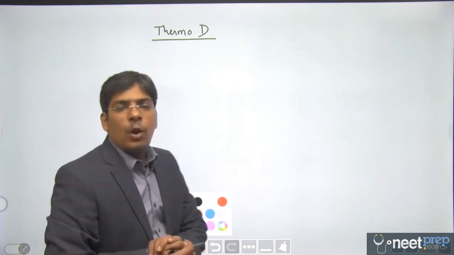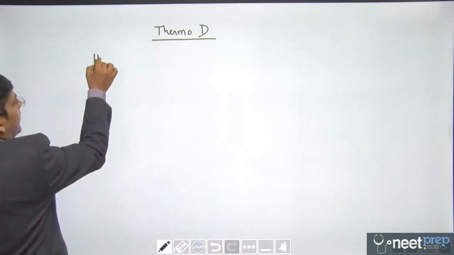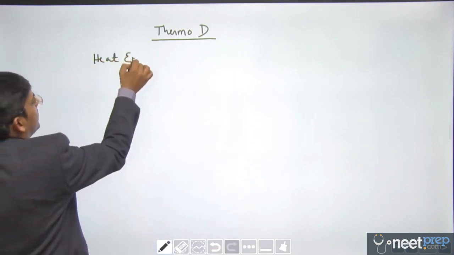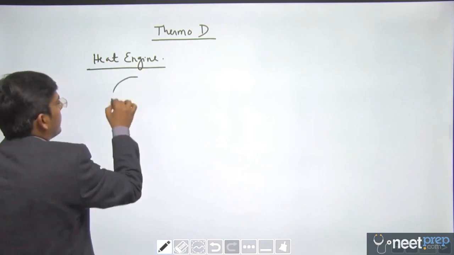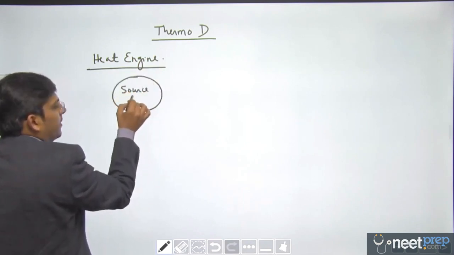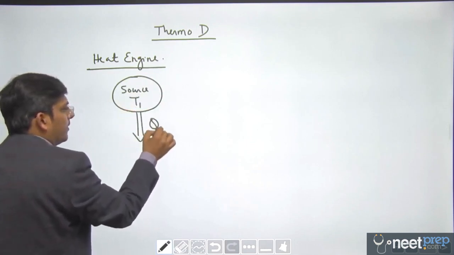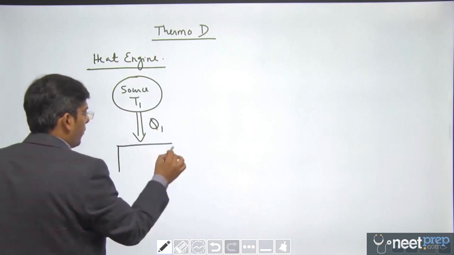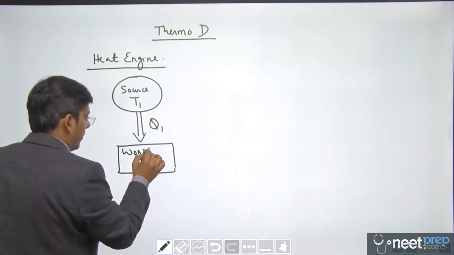Okay, so our next topic is heat engine. We are interested in calculating the efficiency of a heat engine. So dear students, this is the source of heat which is at a higher temperature, right? We give heat Q1 to the working substance. It performs some work. Working substance is usually an ideal gas.